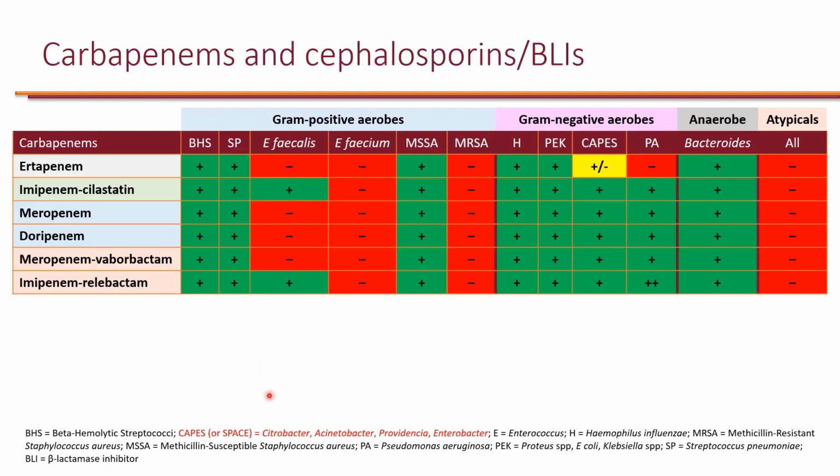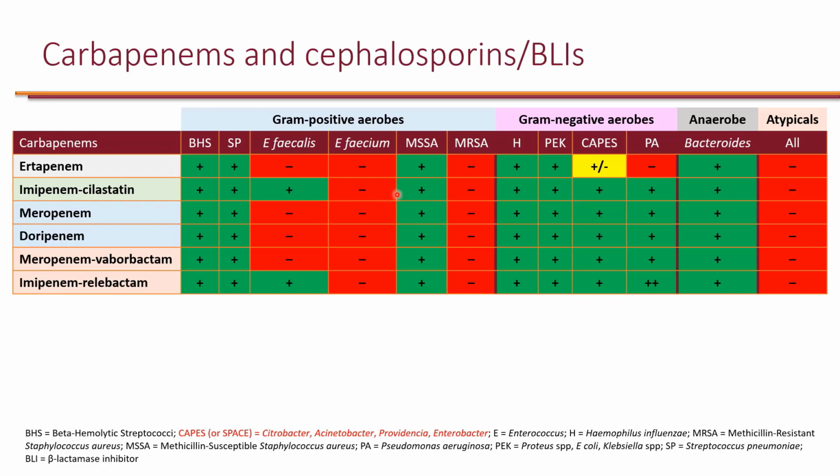Now let's take a look at the spectrum of activity of carbapenems and cephalosporins. Essentially we have ertapenem, which has a narrower spectrum of activity compared to other carbapenems, and the reason is ertapenem does not have activity against Pseudomonas. Now all of them are active against Bacteroides, and all of them are active against MSSA, but none of them are active against MRSA.